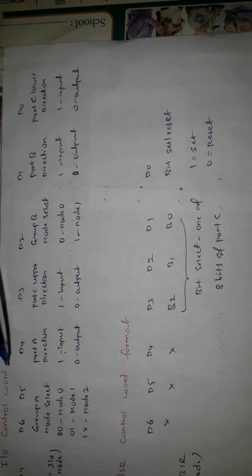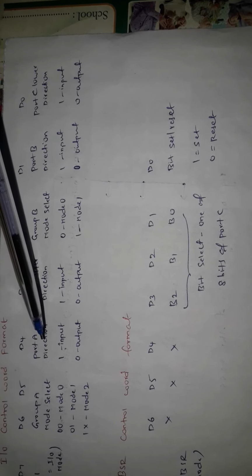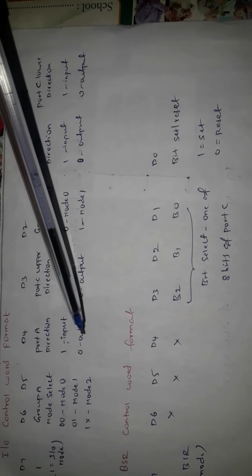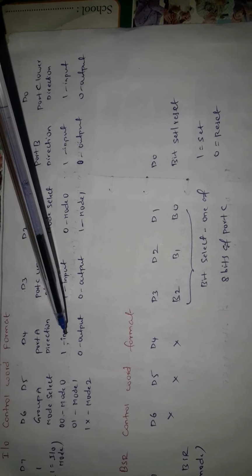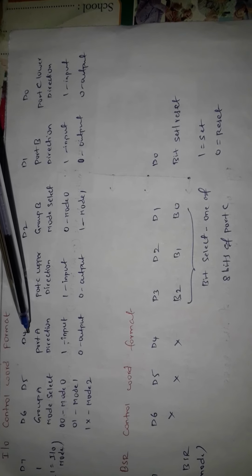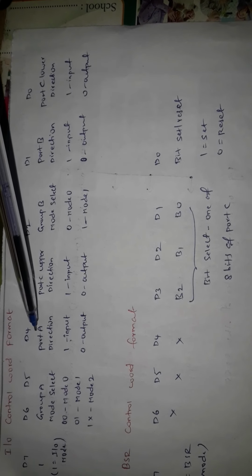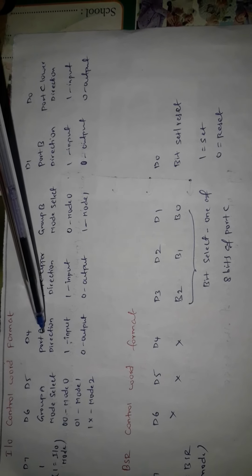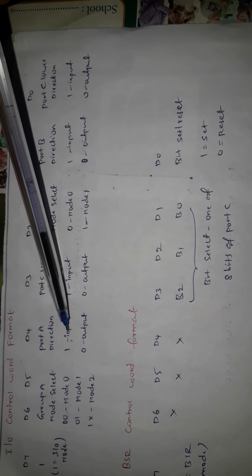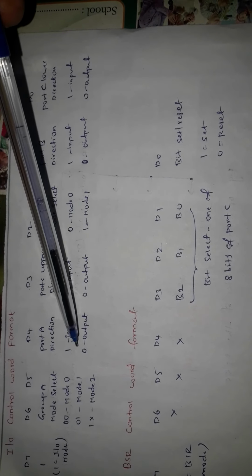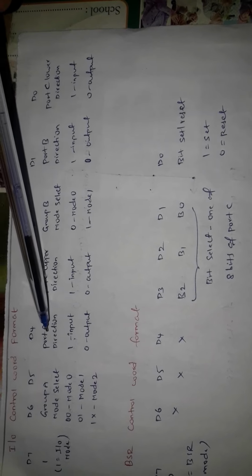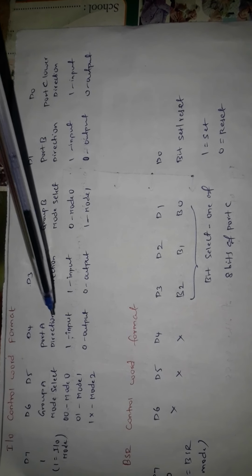So the port A direction can be selected as input or output, that is you can use port A as an input port or output port by using the D4 bit. If you set the D4 bit to 1, port A can be used as an input port. If you set the D4 bit to 0, port A can be used as an output port.